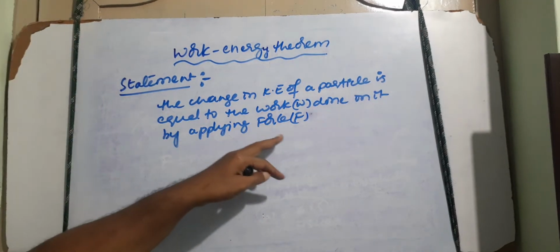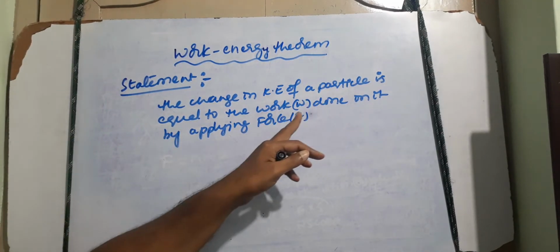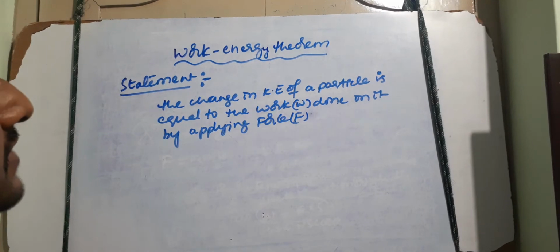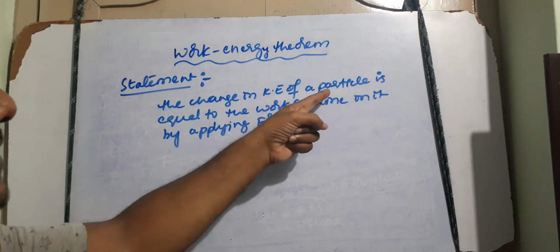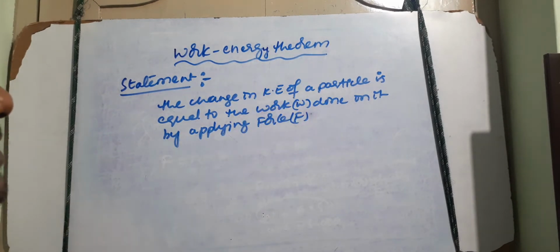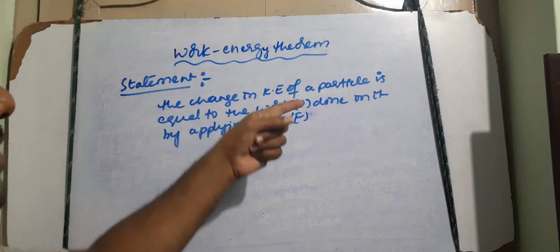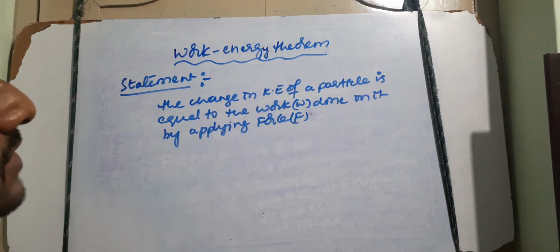So when the force is applied on the body or particle, then its kinetic energy changes. You are applying a force on the particle, which means you are doing work on the particle. So this work done on the particle brings a change in kinetic energy.